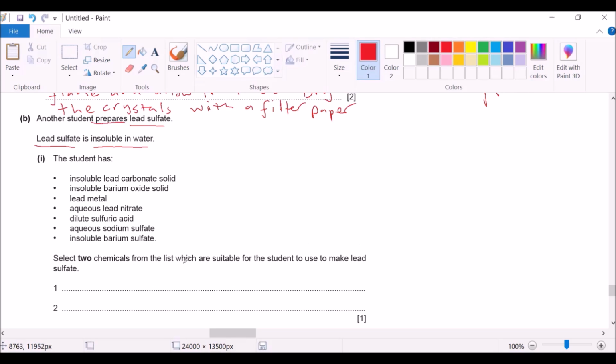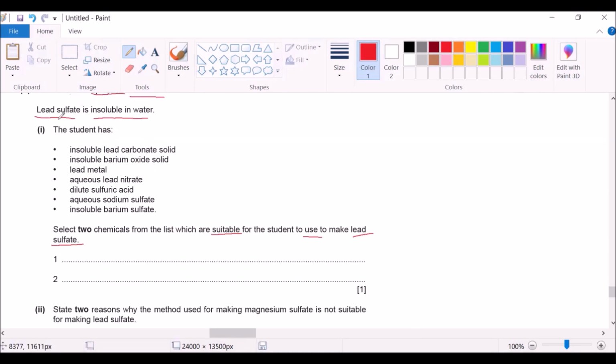Select 2 chemicals from the list which are suitable for the student to use to make lead sulfate. Since lead sulfate is insoluble in water, we would want to do a precipitation reaction of one soluble substance containing lead. Aqueous lead nitrate is one ingredient, and we want another soluble substance which contains a sulfate.